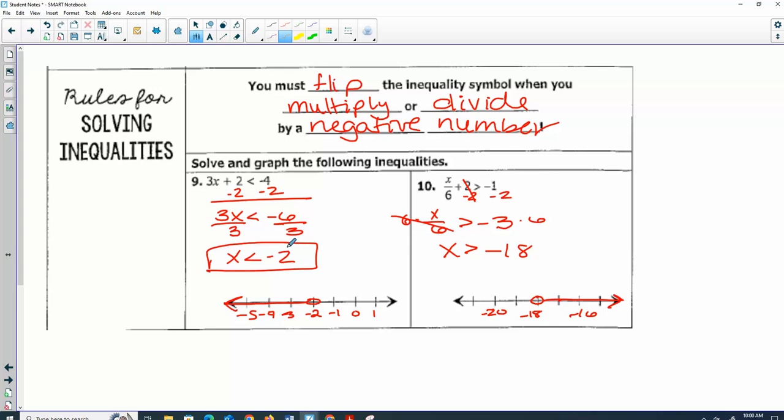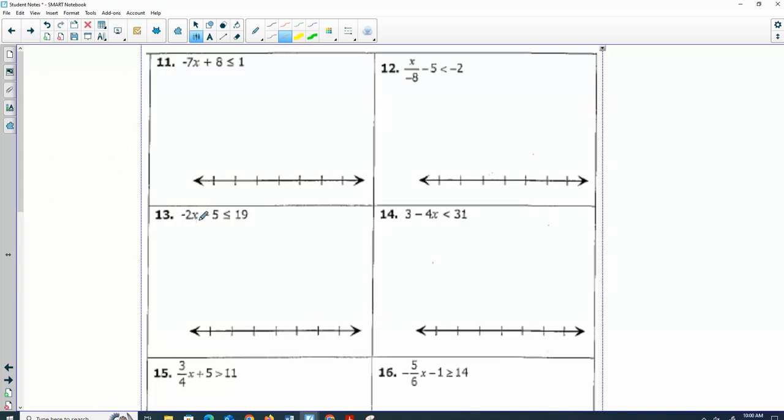Okay, I want you guys to try. Well, let's do 11 together and then I'm going to give you a couple to try. What's my first step? Subtract 8. It's like solving an equation, so we subtract 8. So negative 7x is less than or equal to negative 7.